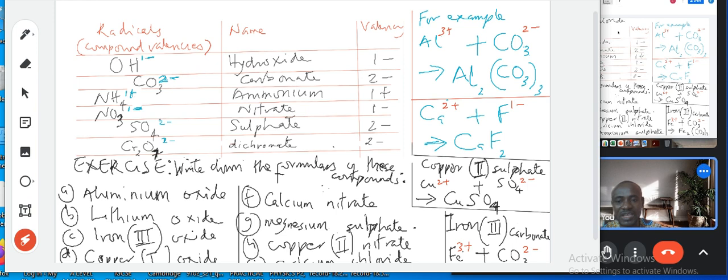Okay, so these things have a single valency for the entire thing. So O and H together carry a valency of 1 minus. NO3 together carries a valency of 1 minus, and SO4 together carries a valency of 2 minus. Now, you know how it says 1 minus, 1 plus. Do you only write it as a minus and a plus? You don't really write the 1, do you?